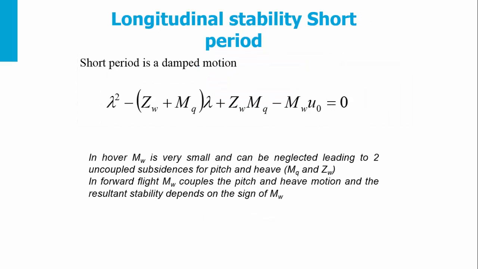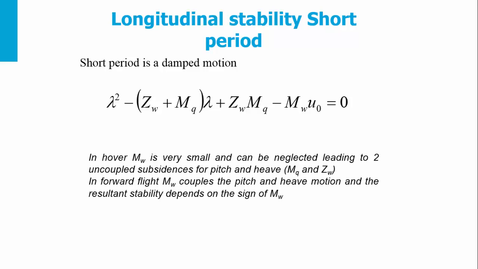The short period is a damped motion, and you can use this equation for finding the short period mode characteristics. In hover, the Mw derivative is very small and can be neglected. This actually leads to uncoupled real modes for pitch and for heave.